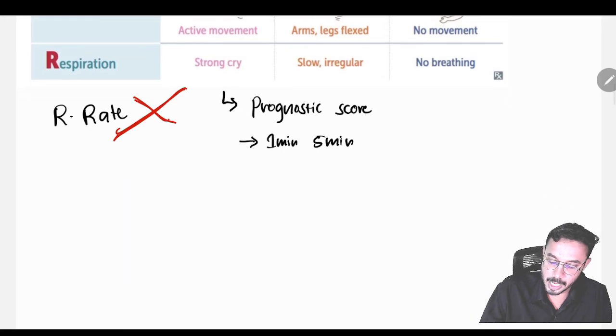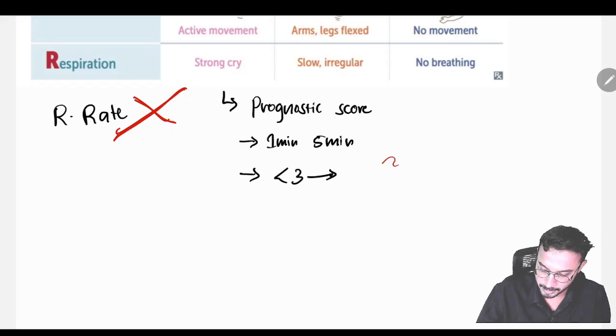Okay, so if your Apgar score is less than 3, it indicates a very bad score, severe.